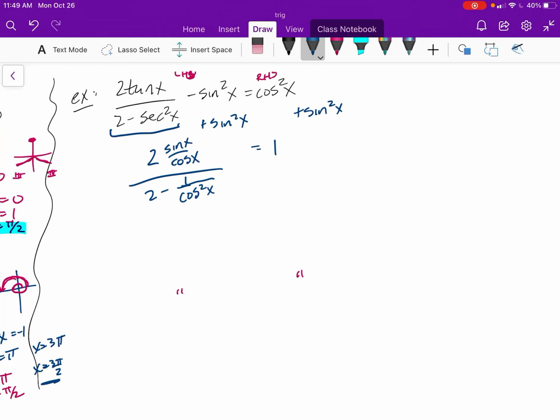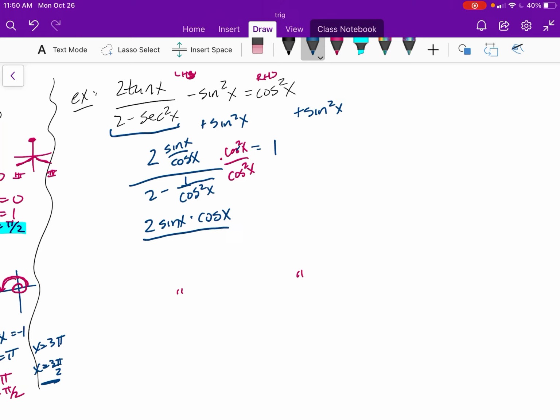Now, simplify this. First thing, I'm like, this is too ugly. Let's multiply by cosine squared over cosine squared. Okay, that's the LCD. I don't know if that's going to be best, but let's try it. So in the numerator, one of the cosines would cancel, and I would get 2 sine x times cosine x.